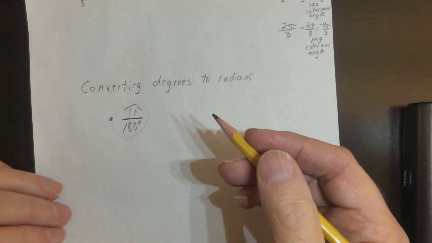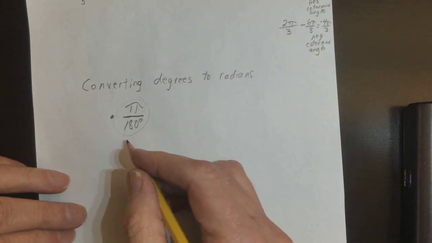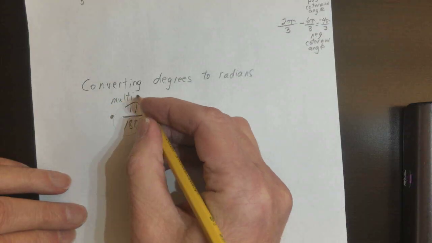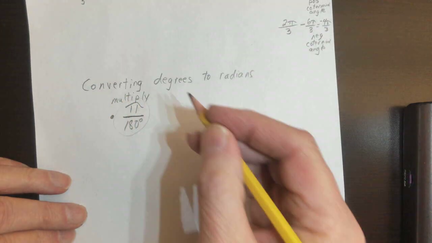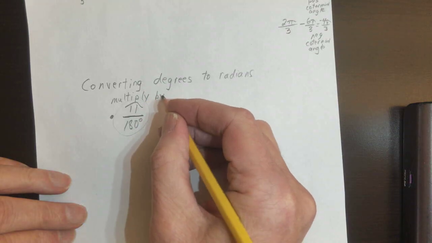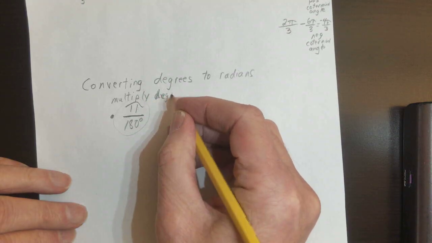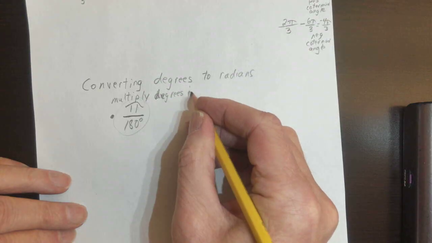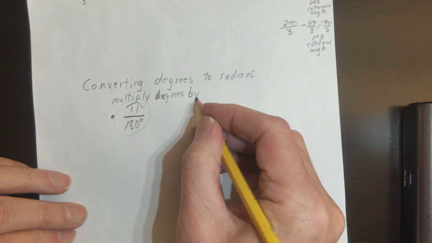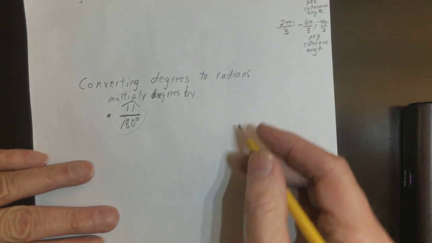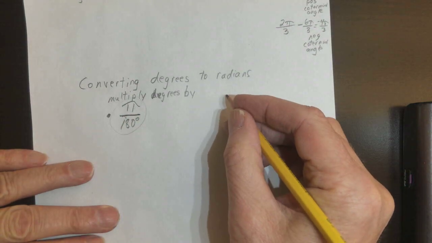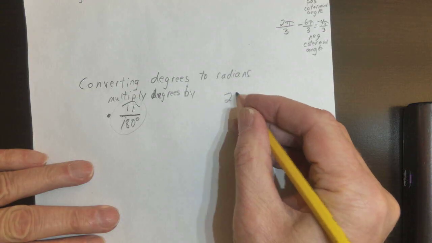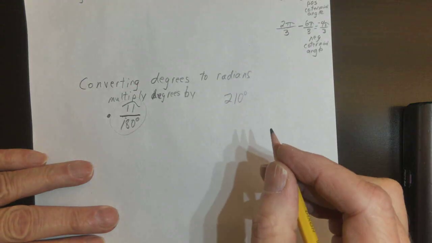So I'll just write this, and then we'll do a problem with it. Multiply degrees by this. Okay? So let's say I have 210 degrees.